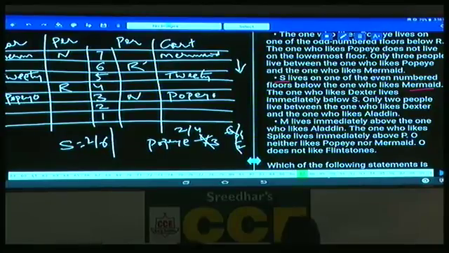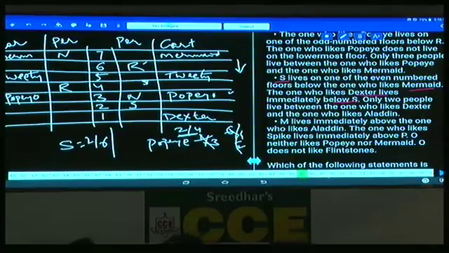Then the one who likes Dexter lives immediately below S. Dexter is immediately below S. Now earlier we had discussed S can be 2 or 4. If S is at this place 4, then Dexter must be on the 3rd floor, which is not possible. Hence S cannot be on the 4th one, hence S must be on the 2nd. If S is here, Dexter must be on the 1st one.